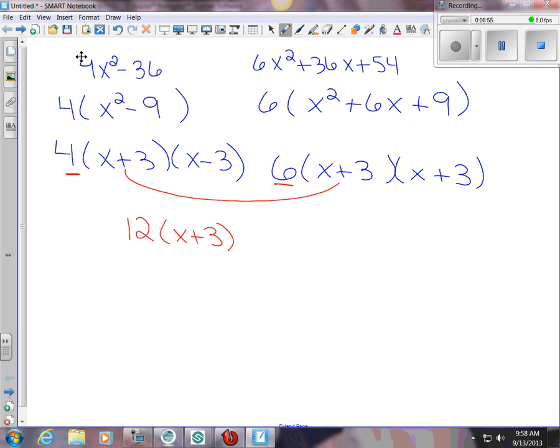Look what I have left over. Okay? I have to have both of those as well. So I have to have another x plus 3 because of this one here. And I have to have an x minus 3 because of this one here. Okay? You could do that.